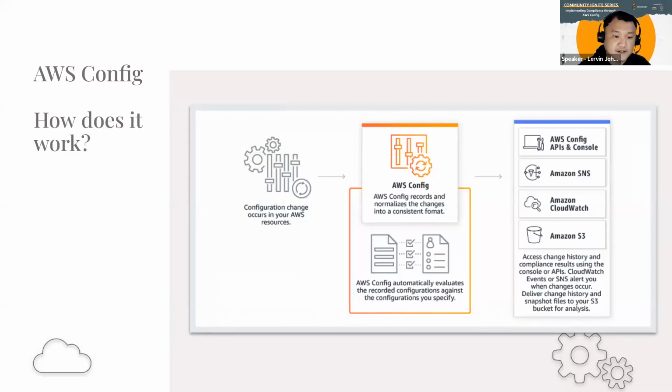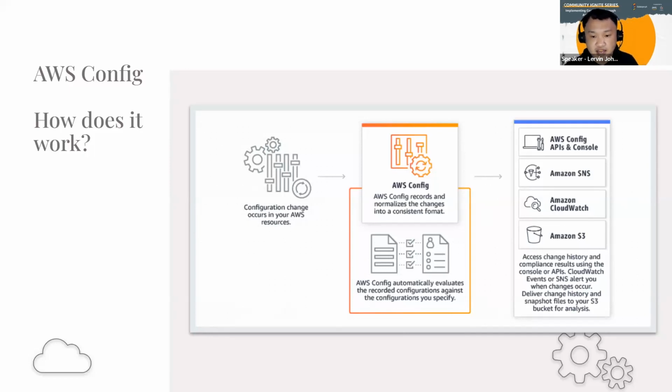So how does it work? I have here an image from AWS documentation, which shows the process of AWS Config. AWS Config monitors all the configuration of your AWS resources, and it evaluates the configuration through AWS Config rules. After that, the configuration details are stored in Amazon S3.